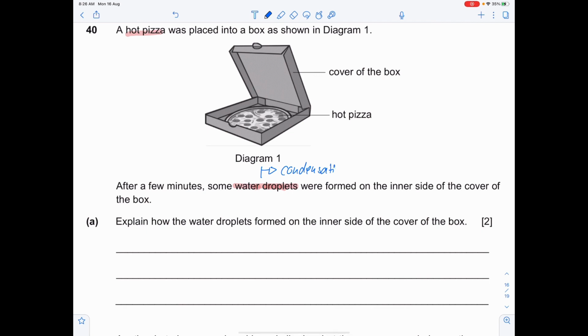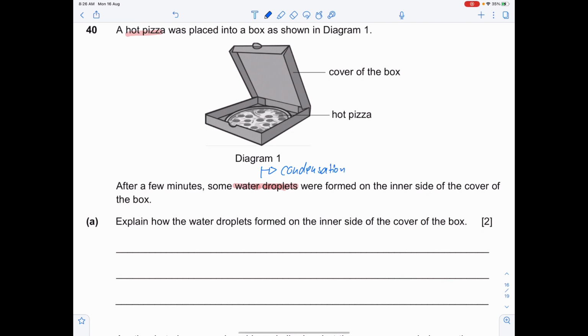Your water vapor would probably come from evaporation, the process of evaporation, right? But then again, you need to identify where is the source of your water vapor.